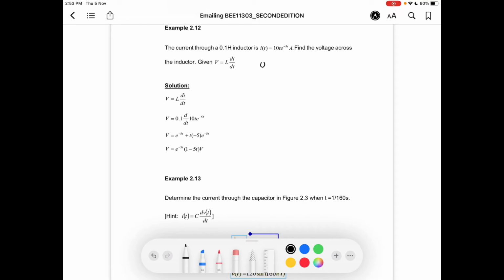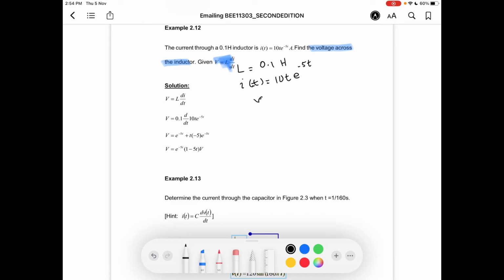The current through a 0.1 Henry inductor, so 0.1 Henry is actually the constant L, the constant of proportionality. The current given is i(t) equals 10t times e to the negative 5t. The question is to find the voltage across the inductor, given that V equals L di over dt.